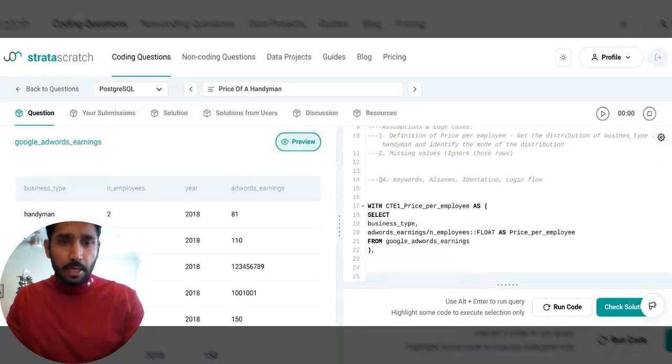Now I want to identify the mode. The way I would define the mode is the most frequent price in the distribution.